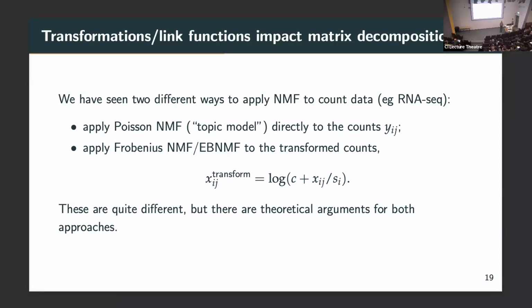When a module comes in and affects gene expression, it's natural to think about its effect in terms of doubling or tripling gene expression rather than adding X to the expression of a gene. So in many ways, this transformation can be thought of as modeling something closer to multiplicative effects of modules. And so that might be preferable as well.